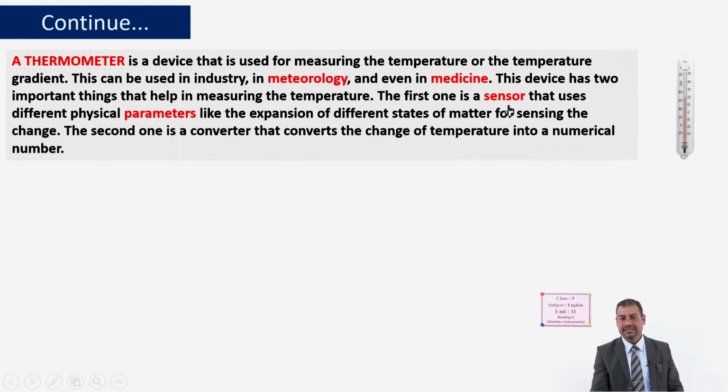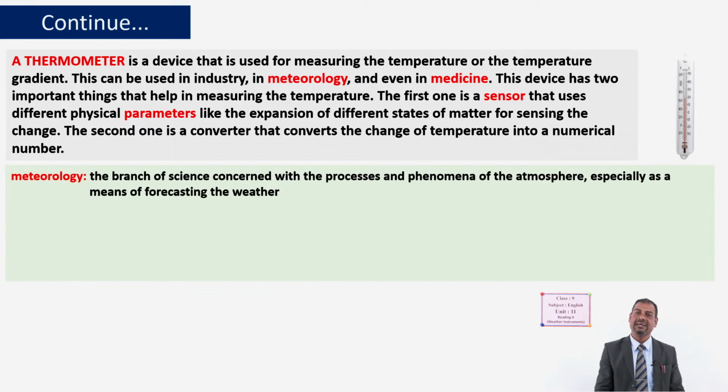The first one is a sensor that uses different physical parameters like the expansion of different states of matter for sensing the change. The second one is a converter that converts the change of temperature into a numerical number. So you read once again and you have to find the information.